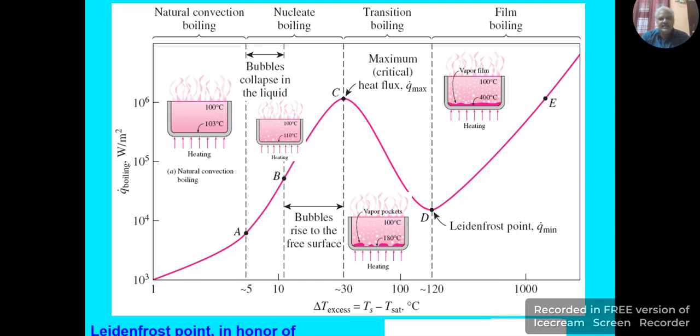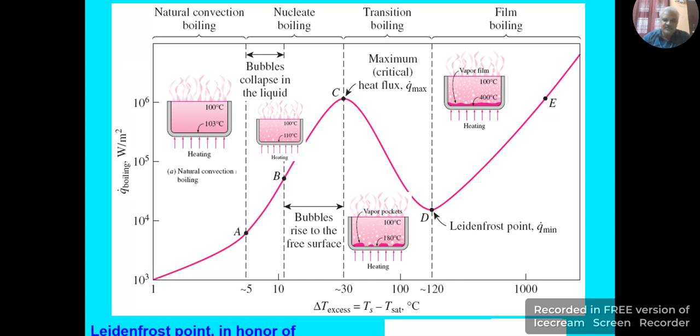By varying the excess temperature or by varying the input current to the platinum electrical wire, we get a typical pool boiling curve as shown in the figure here. So this plot is drawn between the heat flux versus the excess temperature here.